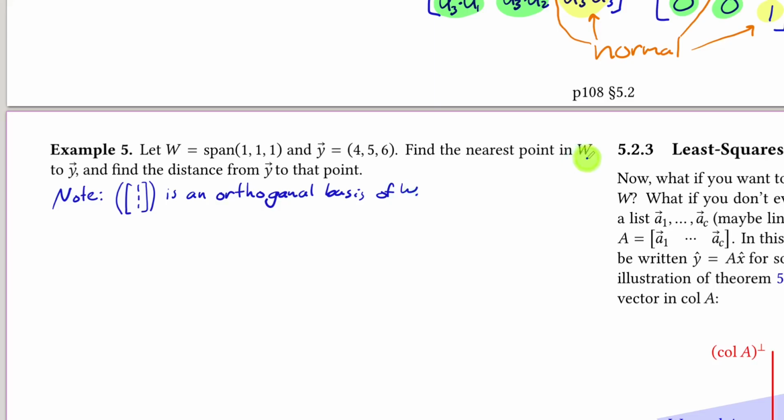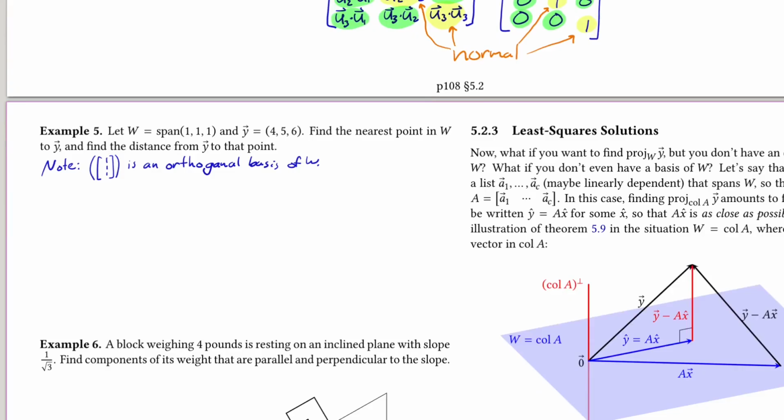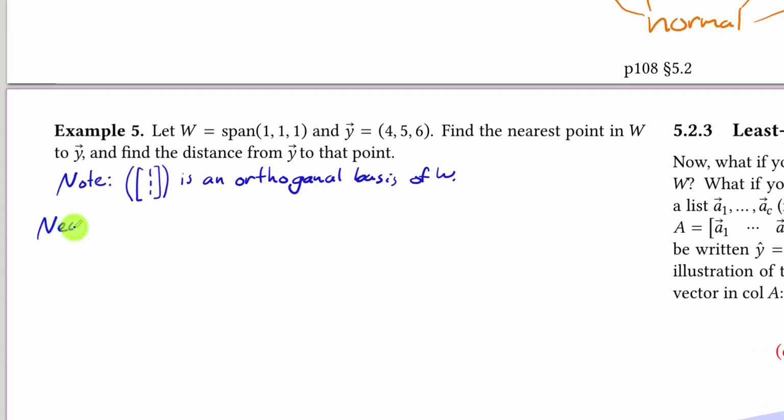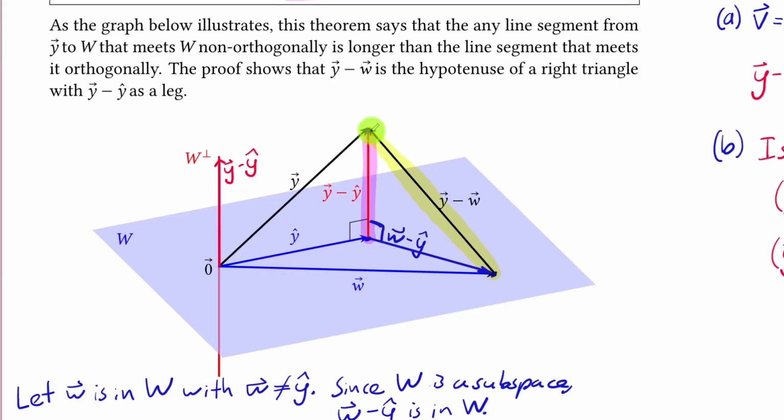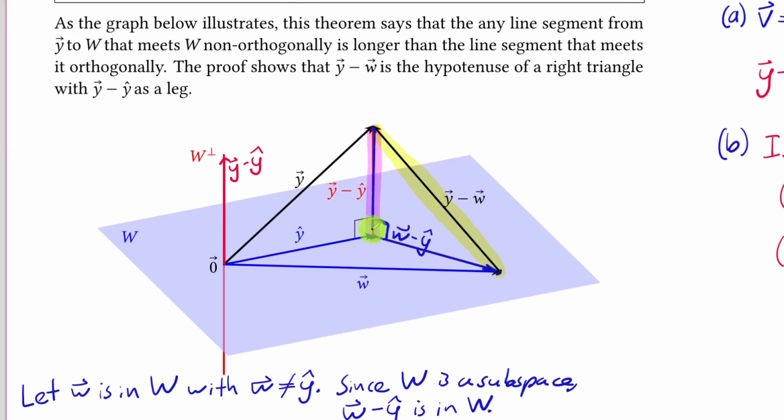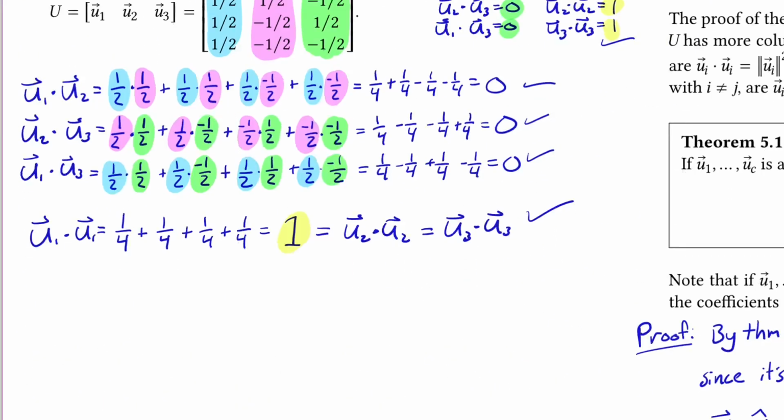Let's find the nearest point in W to y and find the distance from y to that point. So let's use the theorem. The nearest point in W to y, looking at the best approximation theorem, if this is y out here, is going to be the projection, because that's the point where the distance from y to W is the shortest.